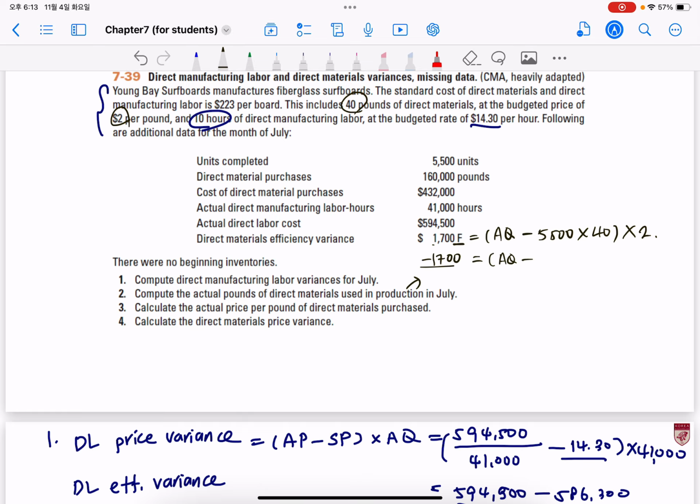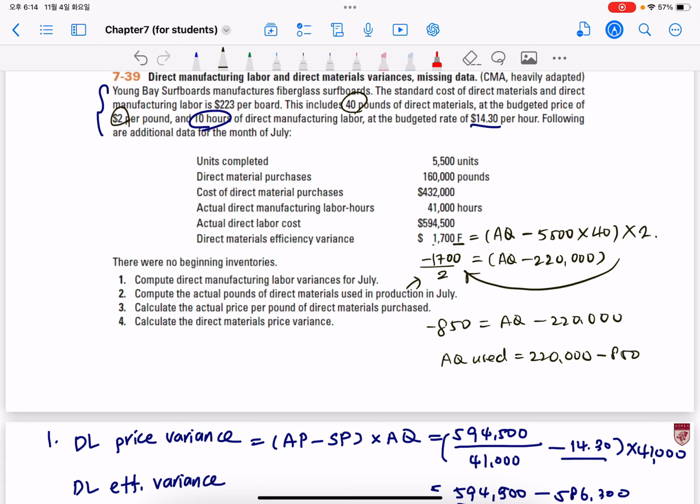Okay. So this part right here is 220,000. Okay. And then this is 2. And let me actually bring 2 right here. Okay, so on the left-hand side, you see this, minus 850. And on the right-hand side, you see this. So actual quantity used should be 220,000 minus 850. So that's going to be $219,150. Okay. So that's going to be our question 2.